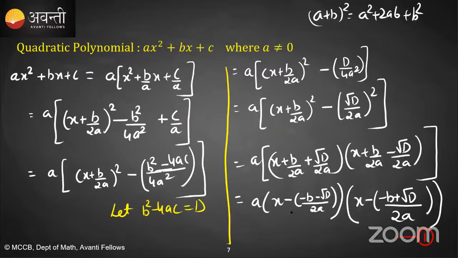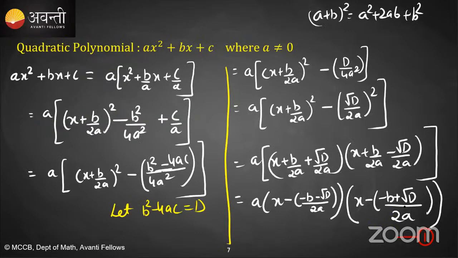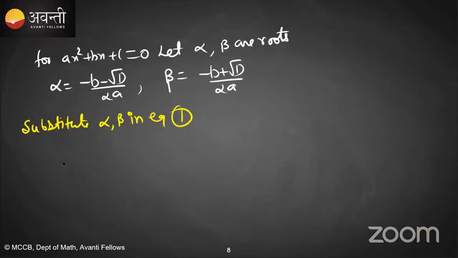So see, minus b minus root d by 2a can be written as alpha, and minus b plus root d by 2a can be written as beta. So equation 1 becomes a into x minus alpha, x minus beta. Is this clear?